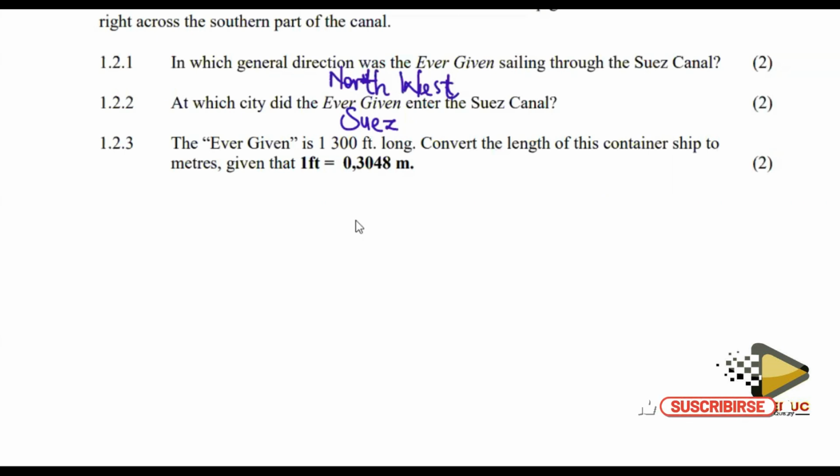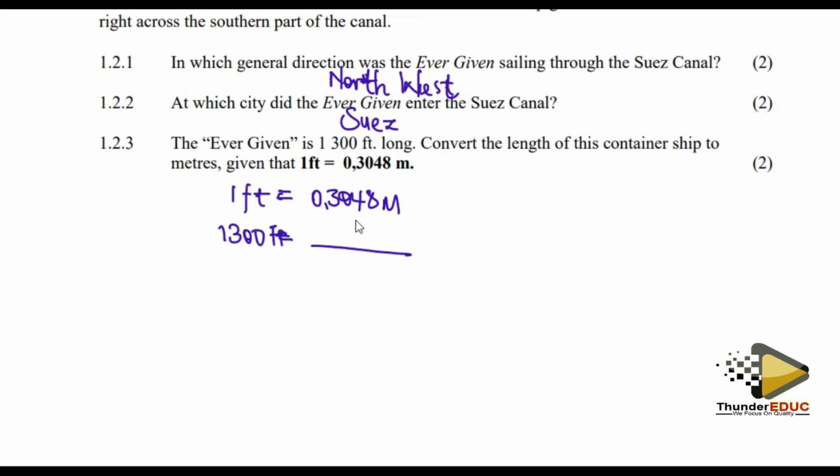So the Everest: convert the length of the container ship to meters if 1 feet equals 0.3048 meters. So this is so straightforward. What about if you have 1,300 feet? What will it be? We don't know. So what do we do? Cross multiply. This one you will use to find out whether you're going to multiply or divide.